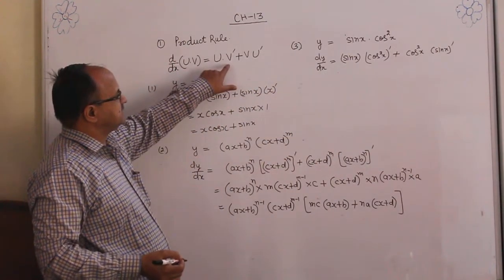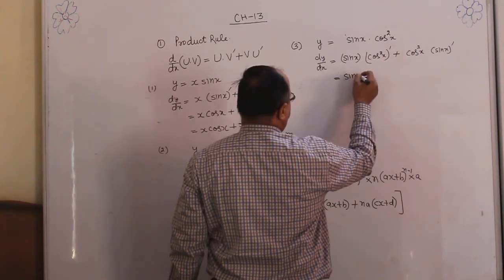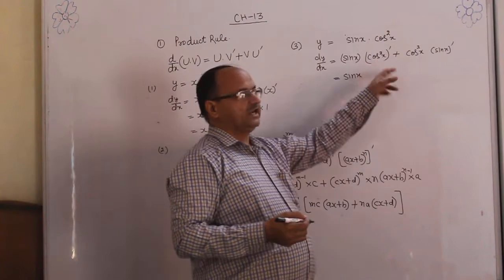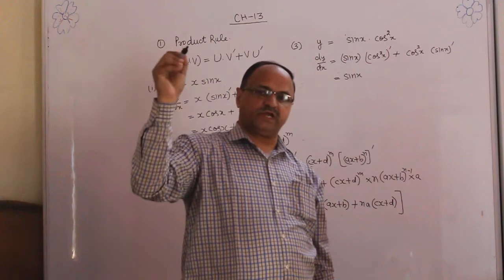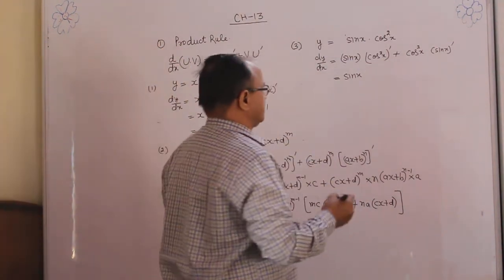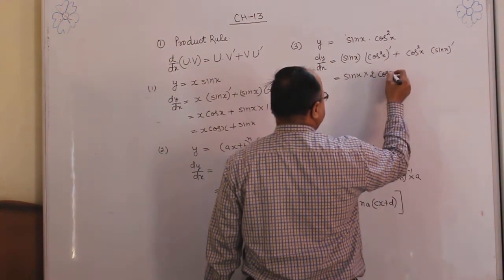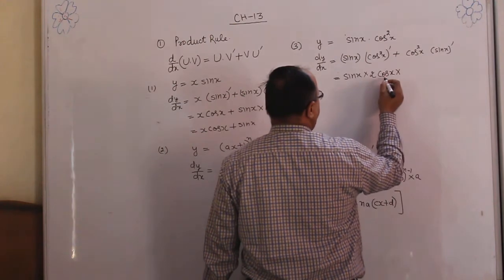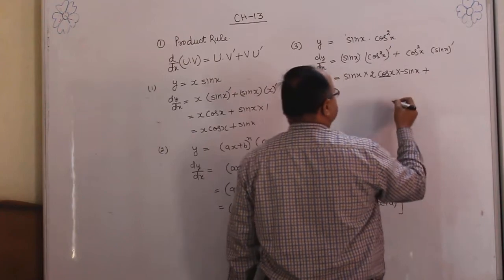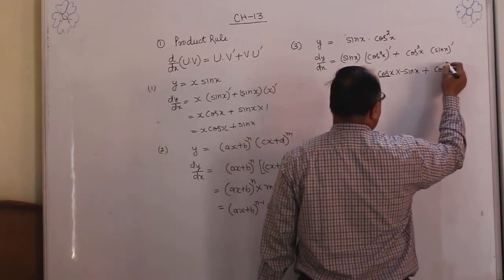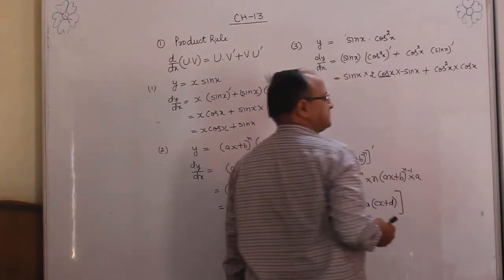According to this rule, now can you tell me the derivative of cos kx, according to the property of x to the power n, x to the power n minus 1. You can say twice cos x to the power 1 into the derivative of cos x, minus sin x, plus cos kx as it is, derivative of sin x is cos x.